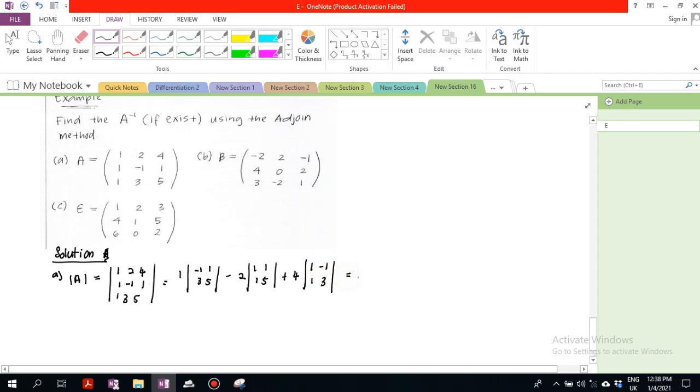So you solve this one, at the end you will get negative 8 minus 8 plus 16, so you get 0. So when you get 0, automatically we know that the determinant of A is equal to 0, therefore A inverse does not exist.